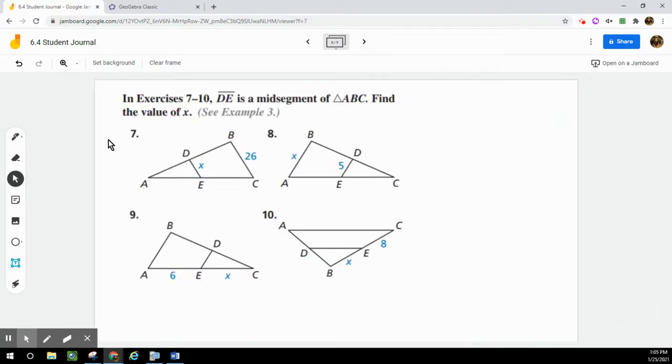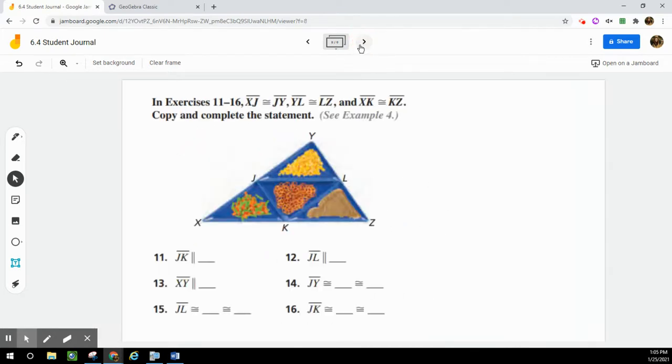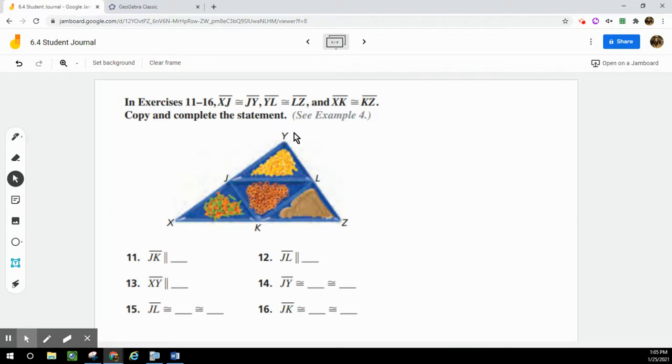Then you'll have questions like this, which in my opinion are a little bit simpler, more straightforward, where we basically need to half or double things. In numbers 13 through 16, you're going to complete each statement to say what's parallel to what and what's congruent to what. And that's section 6.4, mid-segment triangles.